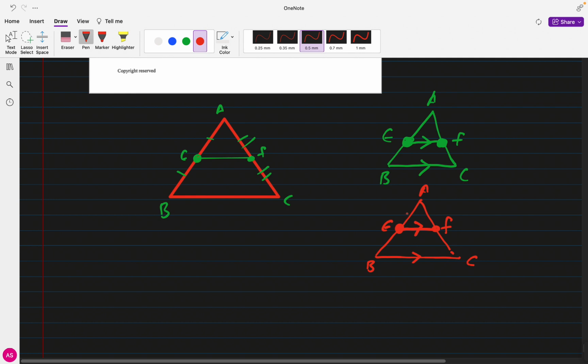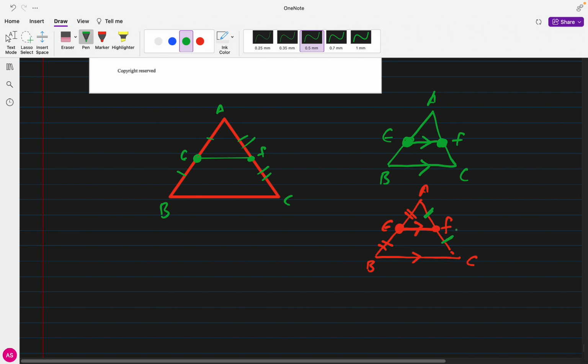Now, that means AE is equal to BE, right? Because it's a midpoint, so automatically it means the distance of AE is equal to the distance of BE. And then if we look at the other side, that means the distance of AF is equal to the distance of FC.